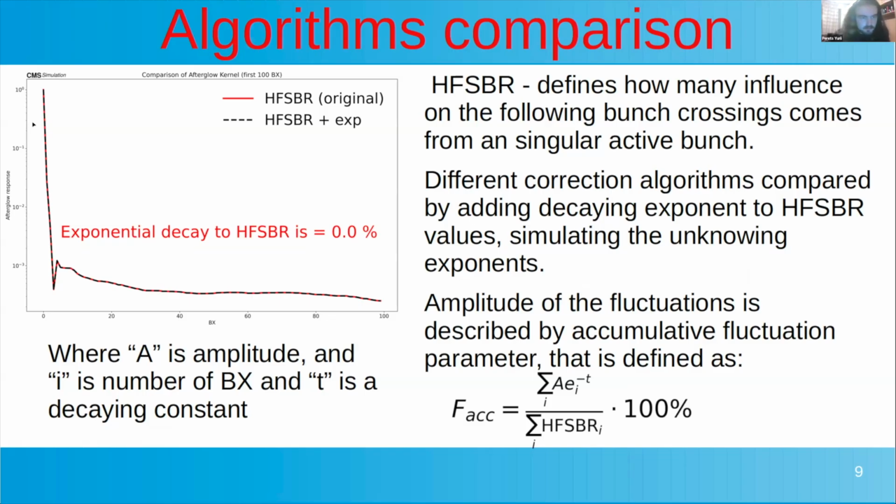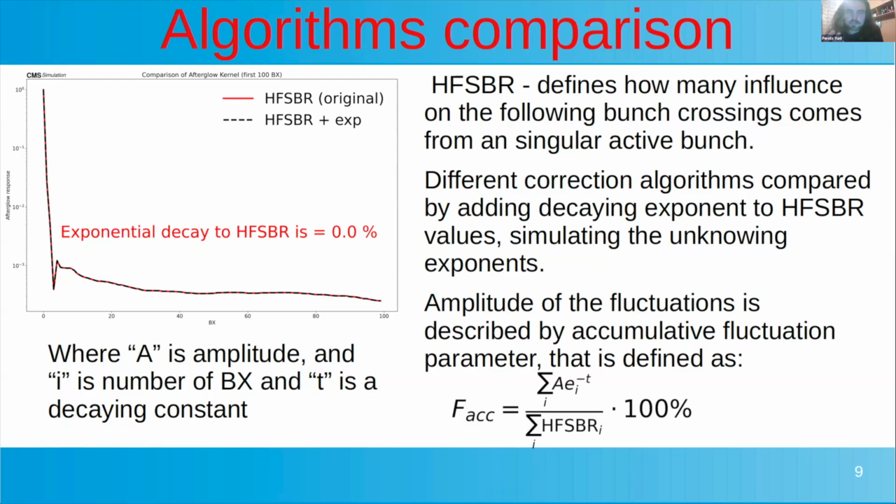As you can see on this plot, at the beginning, the first bunch is 1, so 100%, and then it decays drastically, and even around the 5th it's already very small. But you can have up to 2000 or more bunch crossings, so they will stack upon each other, and it could, as you've seen, add up to a high error.